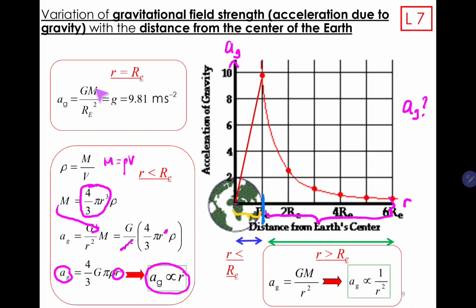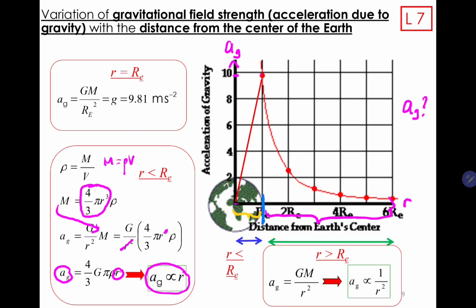So constant, constant, and constant give you one constant value. On the Earth's surface, g always equals 9.81 meters per second squared, nearly 10. Here, it is fixed already.